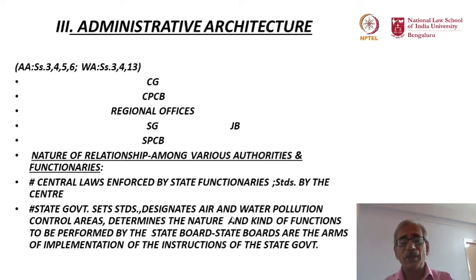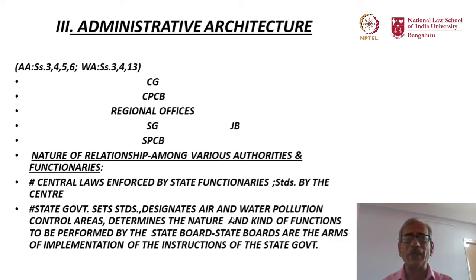Now, the law is so designed that even the very laws and rules that are made by the central government, after adoption by the state, the state also has the power of making its own rules. Why should it make its own rules when the central rules are there?